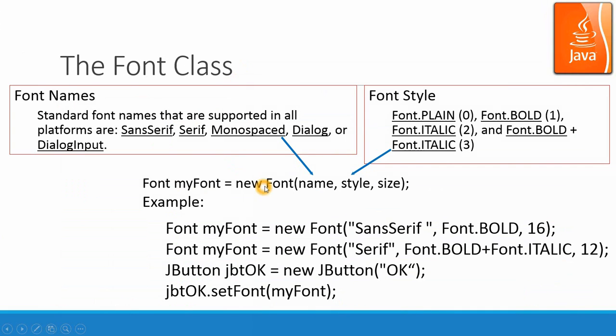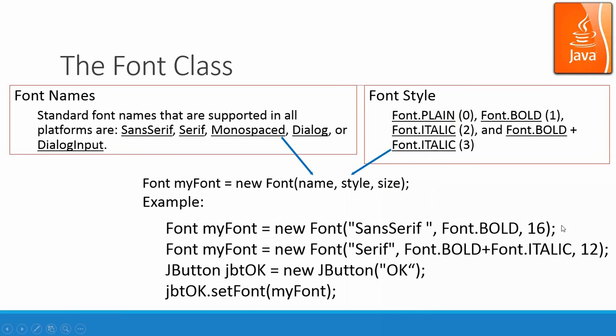The Font class. The Font class has three major pieces of information: the name of the font, such as SansSerif, Monospaced, Dialog, and DialogInput. And this font name is also called the font family in the HTML or CSS environment. And the style, you have plain, bold, italic, that's the style.